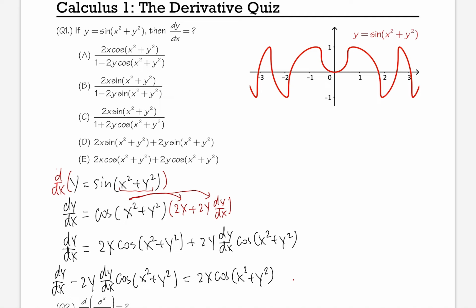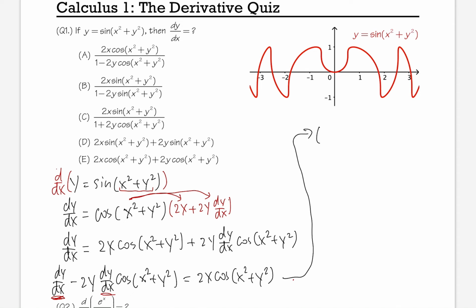Alright, now on the left hand side, notice that they both have the dy/dx, so we can factor that out. Usually I like to put down the dy/dx at the end, because if you have the dy/dx at the front, this notation looks kind of like d/dx, right? But we took the derivative already. dy/dx is what we want. It's the object. d/dx is the verb, it's the action, it's the operator. So let me write it down like this.